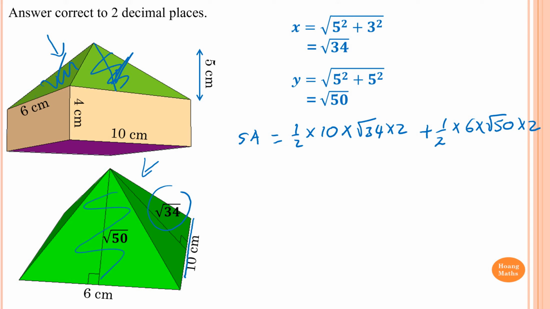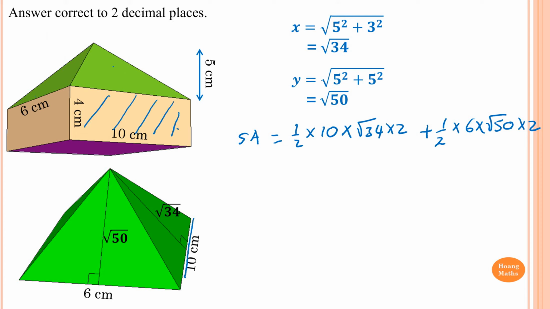So now what we need to focus on is the rectangle around it. So we can find this here. This one here is 4 times 10, and the back is the same, so times by 2.